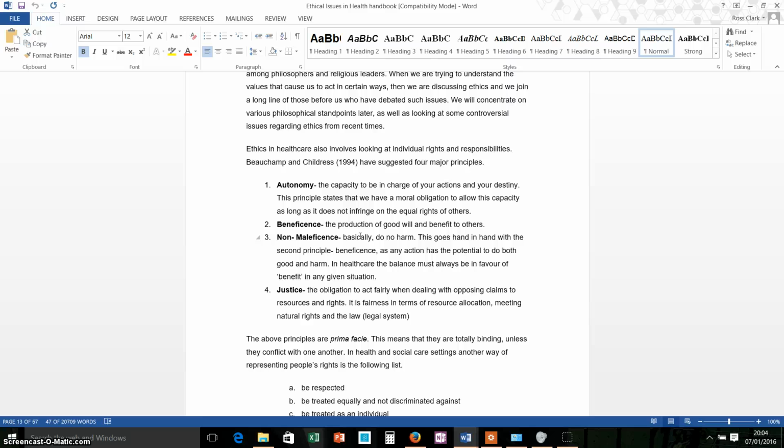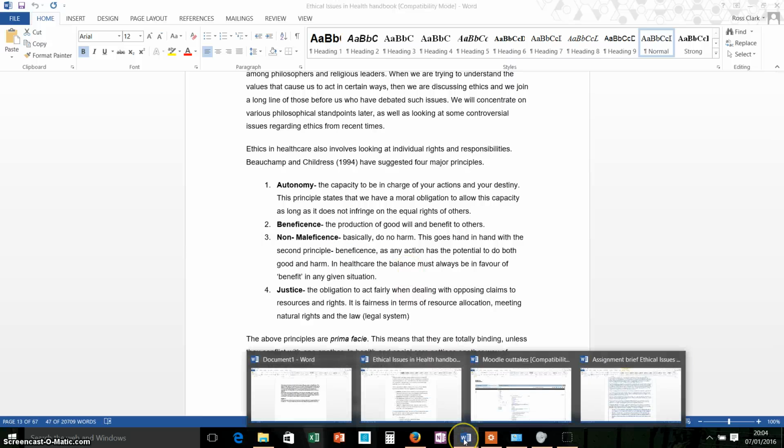If I don't push somebody into a road, that's not being particularly good for them, but I'm doing them no harm. And that doing them no harm is non-maleficence. Trying to produce good is beneficence. So don't think they're the same thing, there are slight differences.